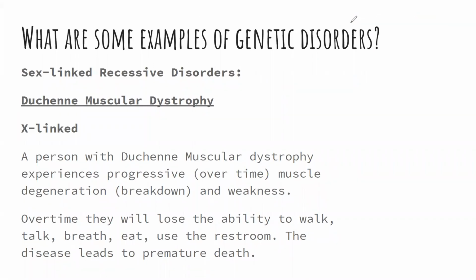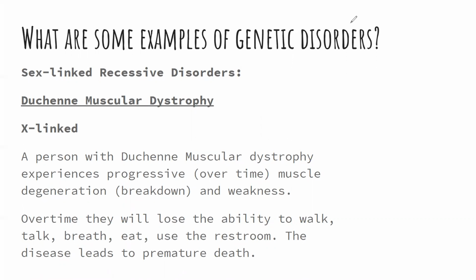All right, another sex-linked recessive disorder is called Duchenne Muscular Dystrophy. This is also X-linked, which means that it affects more males than females. And it's caused by a recessive allele, a lowercase letter. A person with Duchenne muscular dystrophy over time has breakdown of their muscles, and they become weak.